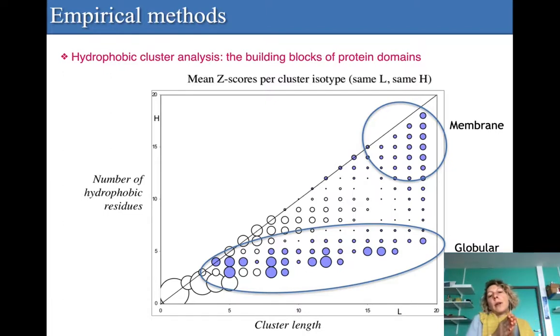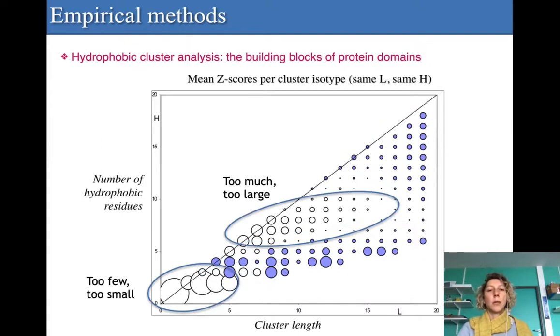So you can have a very varied length with not so many hydrophobic residues. And you will also have membrane domains where you have a high length and also a high number of hydrophobic residues. So by looking at these relationships, you can identify different types of domains.